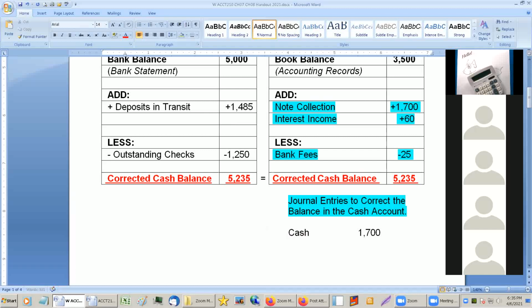And that might be a note receivable. So for instance, that would be this one. This one would look like that.